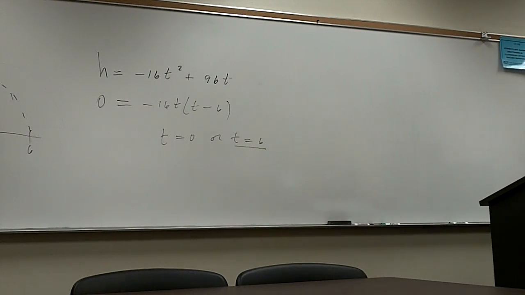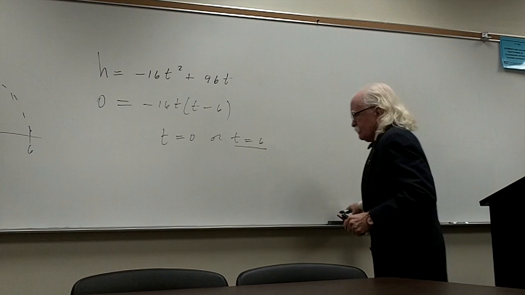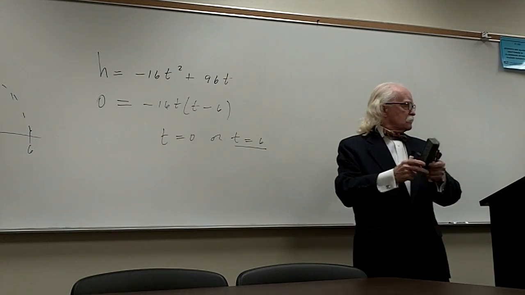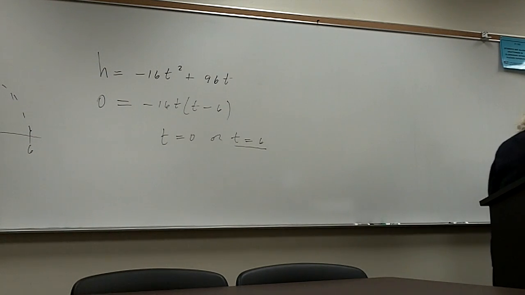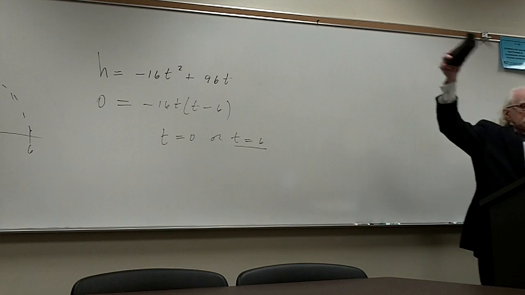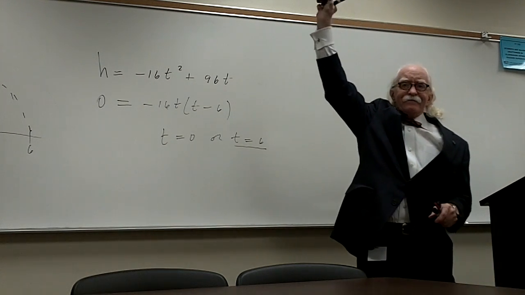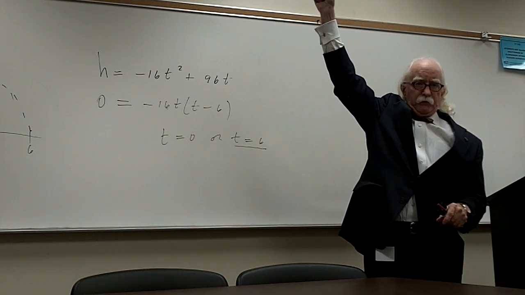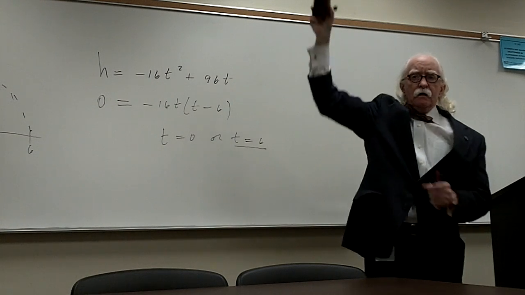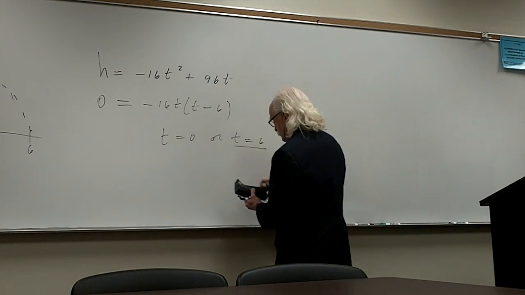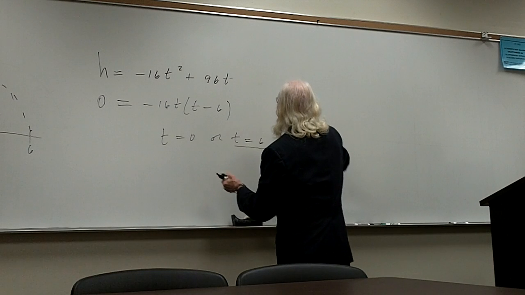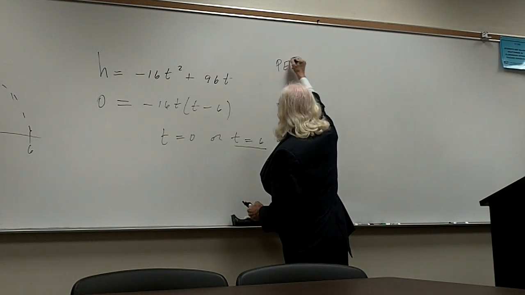No matter what you have, folks, I don't care what you hold or whatever it is, it's going down. That doesn't make any difference what it is. This item has potential energy, right? And anybody remember how to get potential energy?